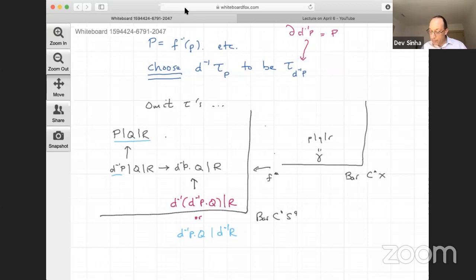Either way now, if I take the other boundary, in this case, I would get the cochain D inverse of D inverse P times Q times R. And in this case, I would have D inverse P times Q times D inverse R. And this is what we'll call our Hopf cochain. These are 2 different choices for Hopf cochain for this cocycle.